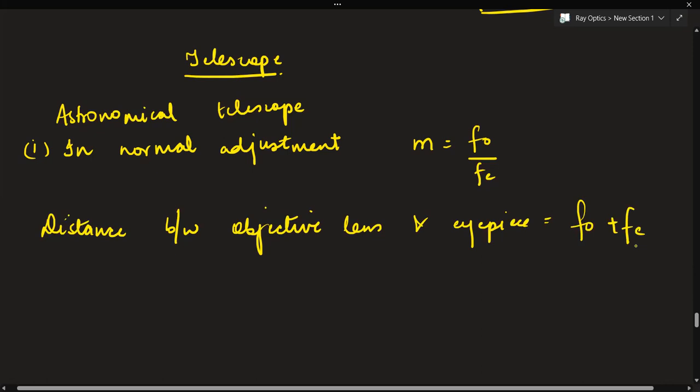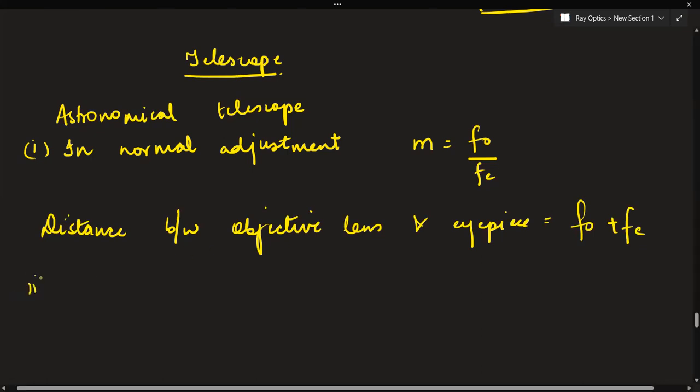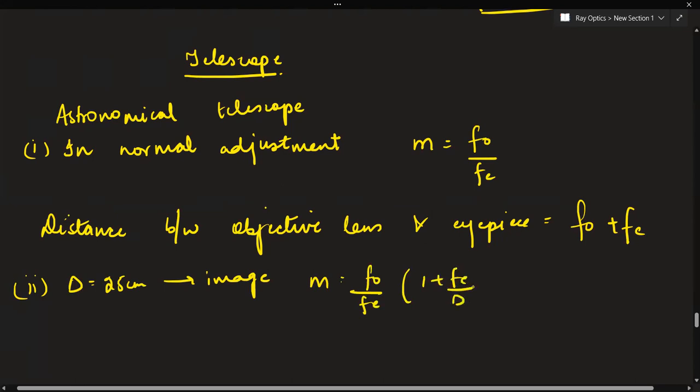Now see, if your final image is formed at least distance of distinct vision, meaning D, at 25 centimeters, this image is formed at the least distance of distinct vision. Then your final M is equal to f naught divided by fe, multiplied by 1 plus fe by capital D, and then the distance between objective and eyepiece.